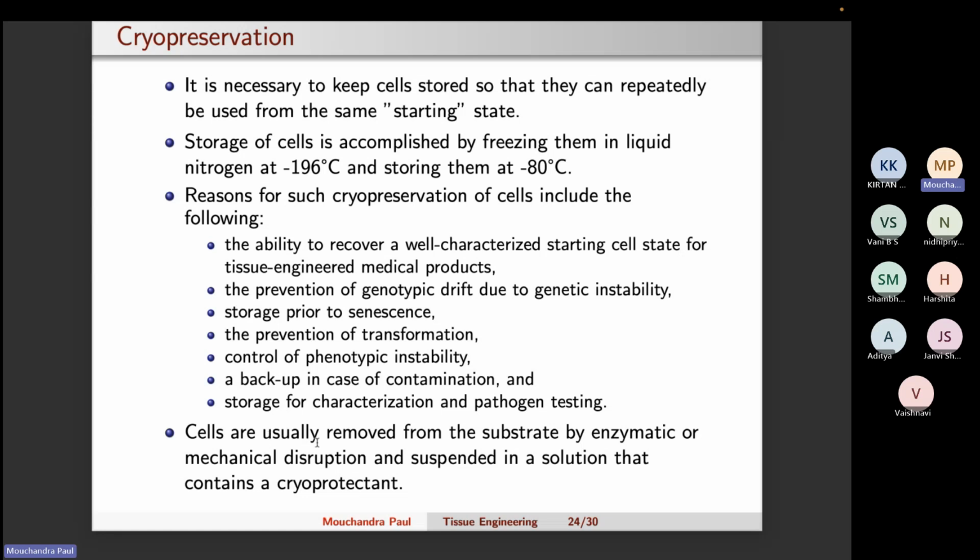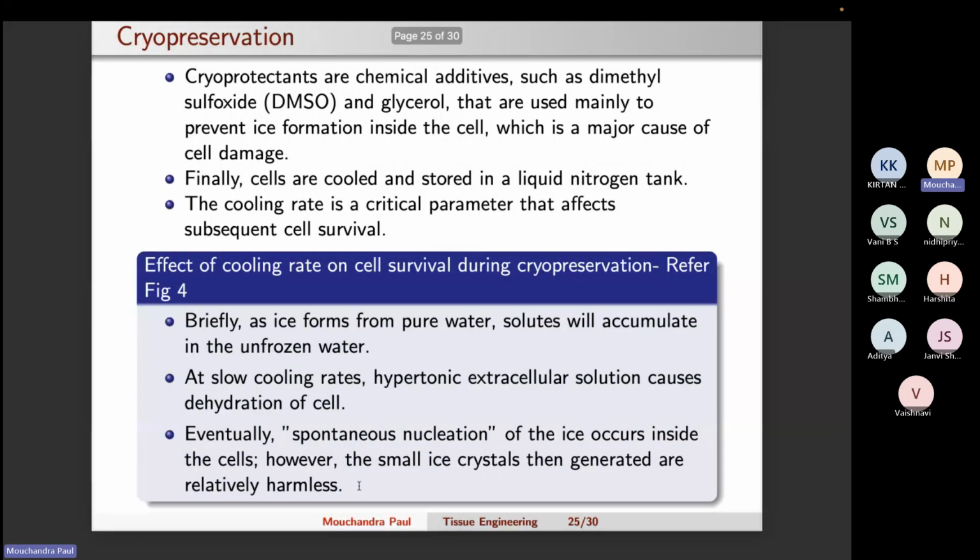Now the cells are removed from the substrate by enzymatic or mechanical disruption, and then you create a cell suspension. This cell suspension is dissolved in a solution containing a cryoprotectant. So what is a cryoprotectant?